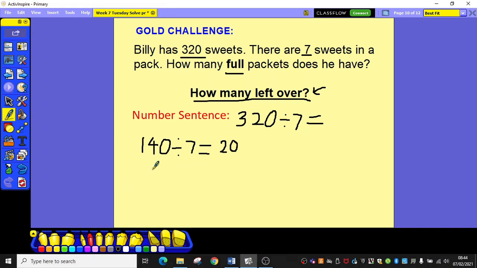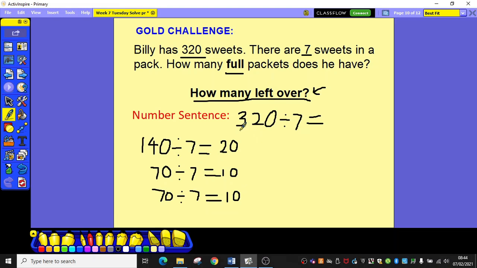I could now do another 70, that I know that I'm now at 210, divided by 7 is going to be 10. I could do another 70 divided by 7 is 10. Currently I'm at 280. Okay.